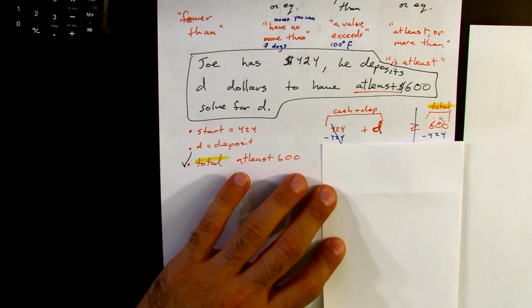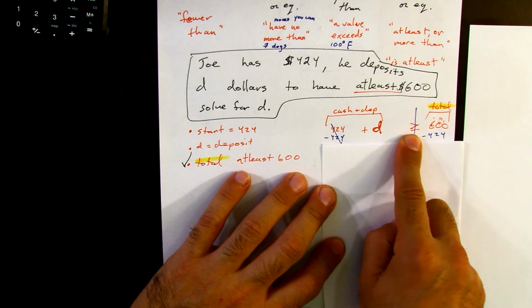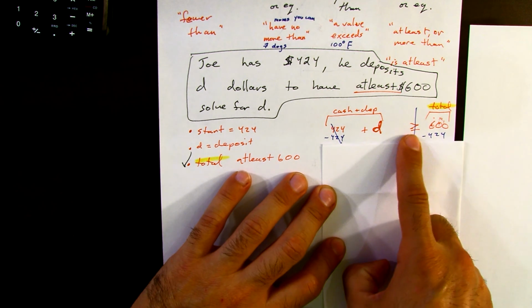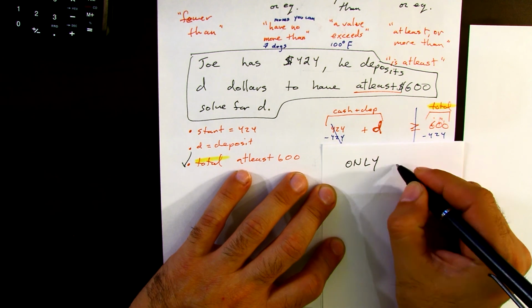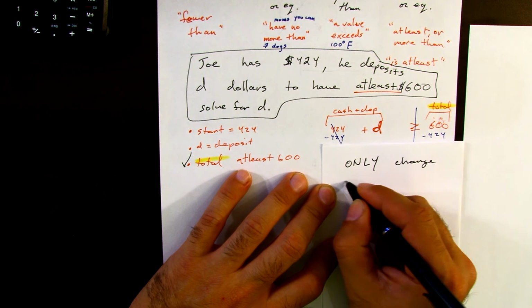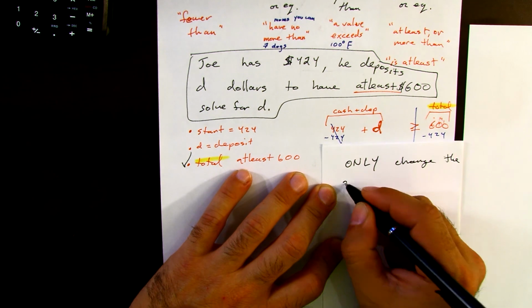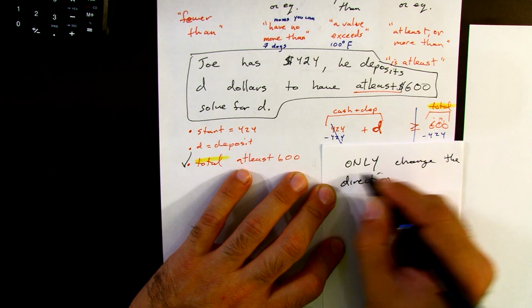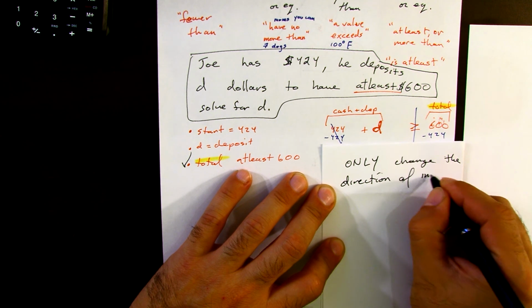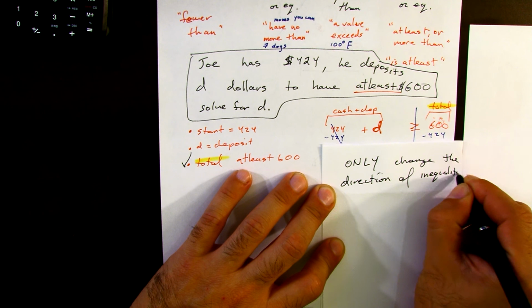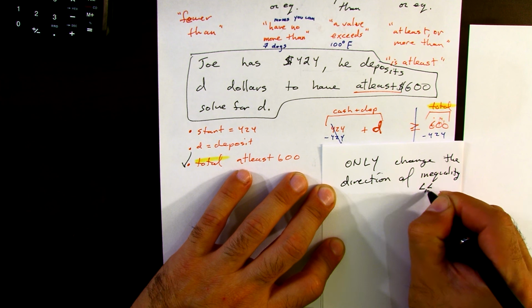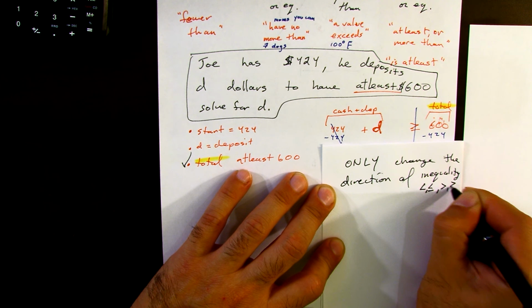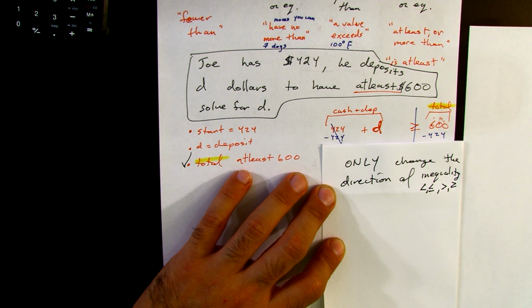I'll remind you guys, the next step is going to be subtract 424. We don't change the direction of the inequality when we add or subtract. We only change the direction of inequality. And inequalities are just all these symbols. So we had less than or equal to, greater than or equal to, okay?